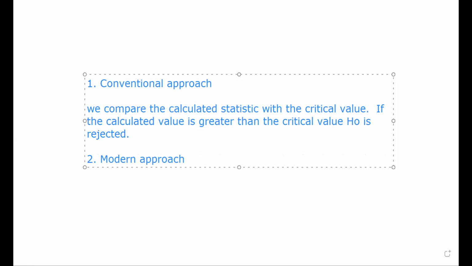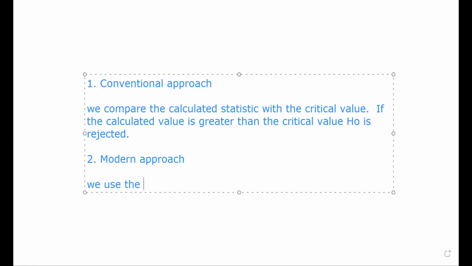Okay. In the modern approach, we use the value of probability, the p value, to test the null hypothesis.